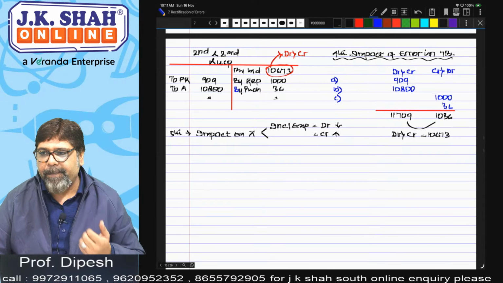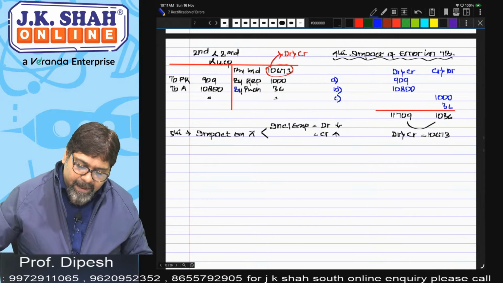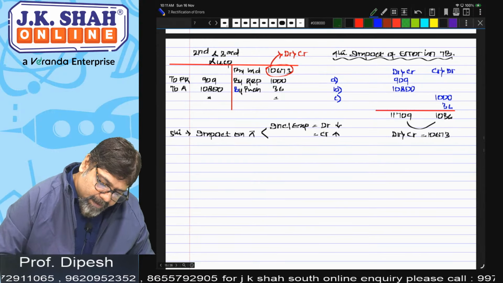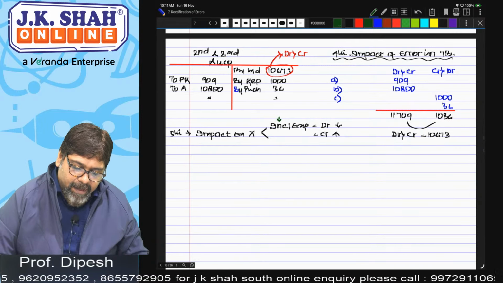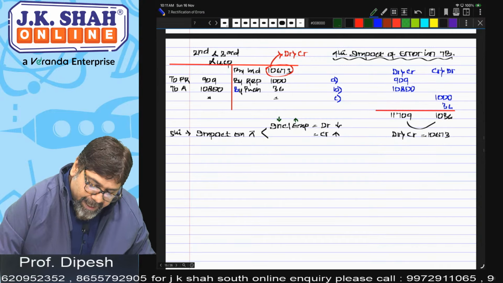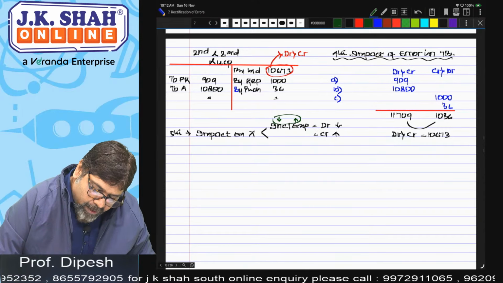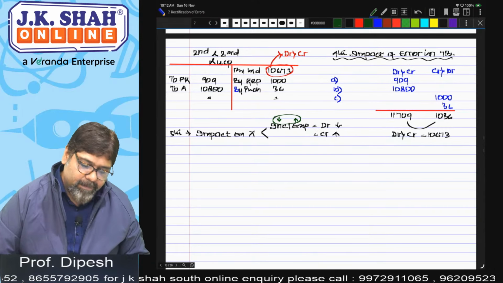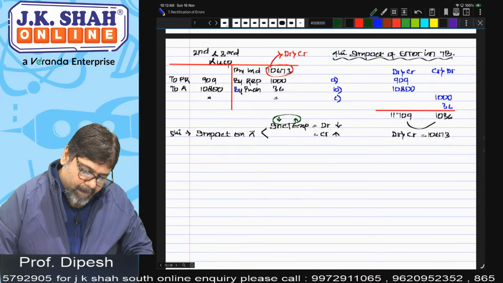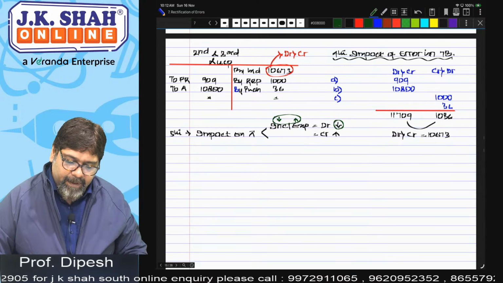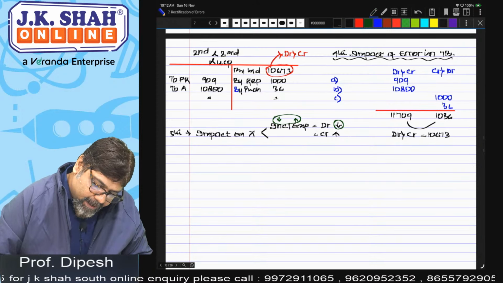Sir, how? If income is debited, income will reduce. If expense is debited, expense will increase. If income decreases or expense increases, profit will reduce.